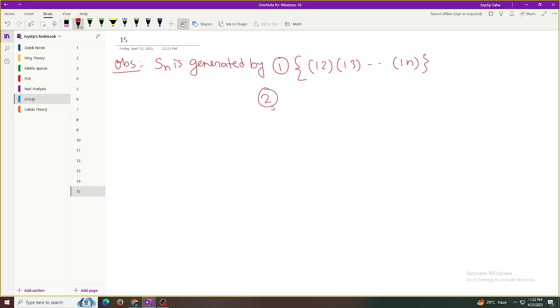There are three sets of generators: number 1 is (1 2), (2 3), ..., (n minus 1 n), and number 3 is (1 2) and (1 2 ... n), this cycle. So these are generating sets of Sn. So very easy proof.